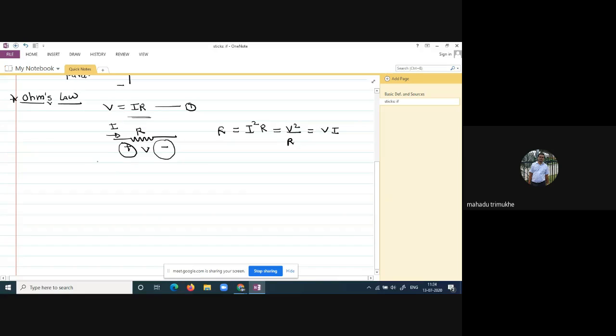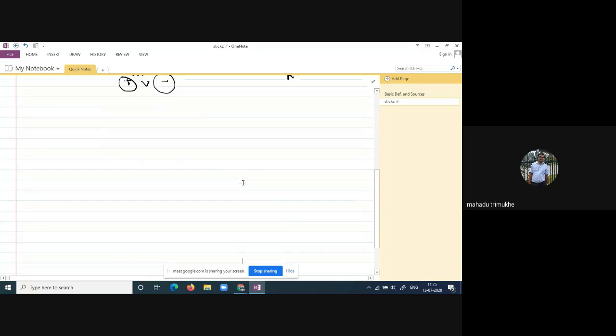Suppose I take one example based on Ohm's law here. Suppose we have a resistor of 10 ohm, right? And the current flowing through that resistor is 2 ampere. This is the voltage potential from positive to negative.